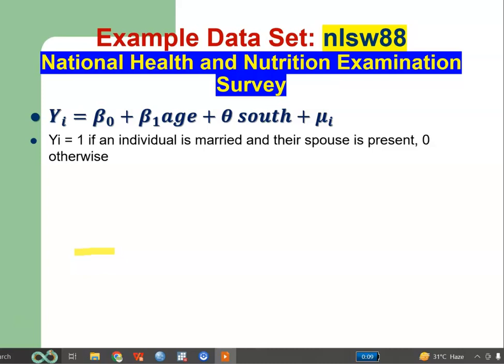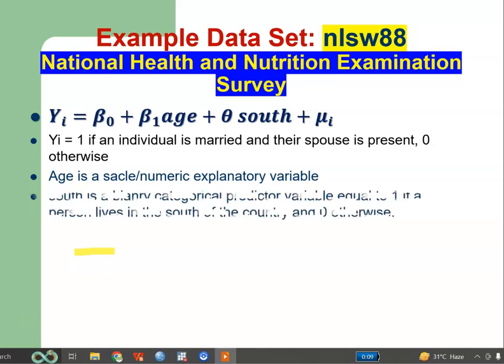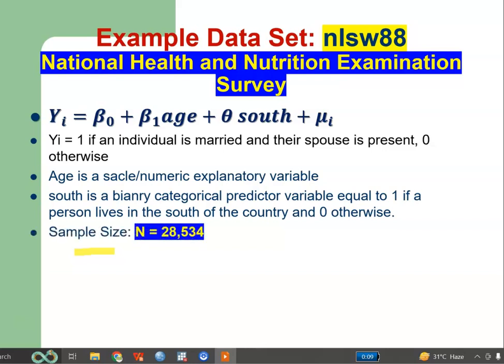I am using the NSW88 file, which I have downloaded from the net, and in this the dependent variable is a binary categorical variable. It is equal to 1 if the individual is married and his or her spouse is present, and 0 otherwise. Age is my continuous explanatory variable, and south is a binary categorical predictor variable, equal to 1 if a person lives in the south of the country and 0 otherwise.